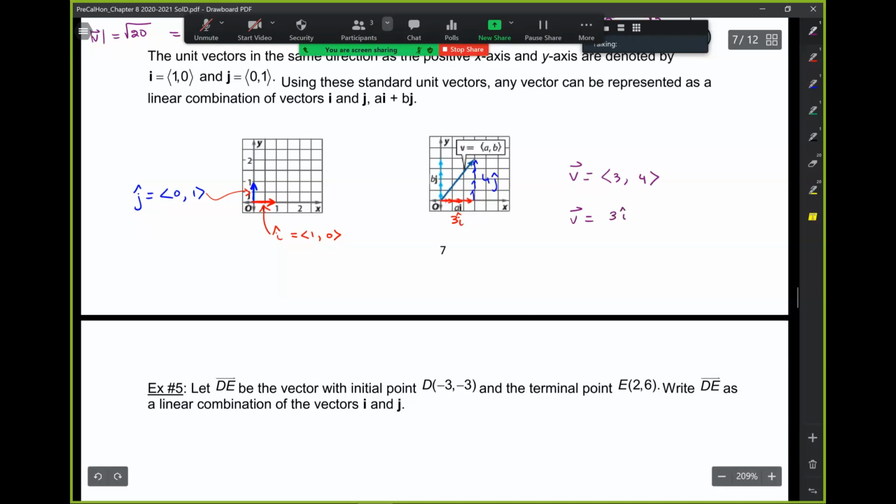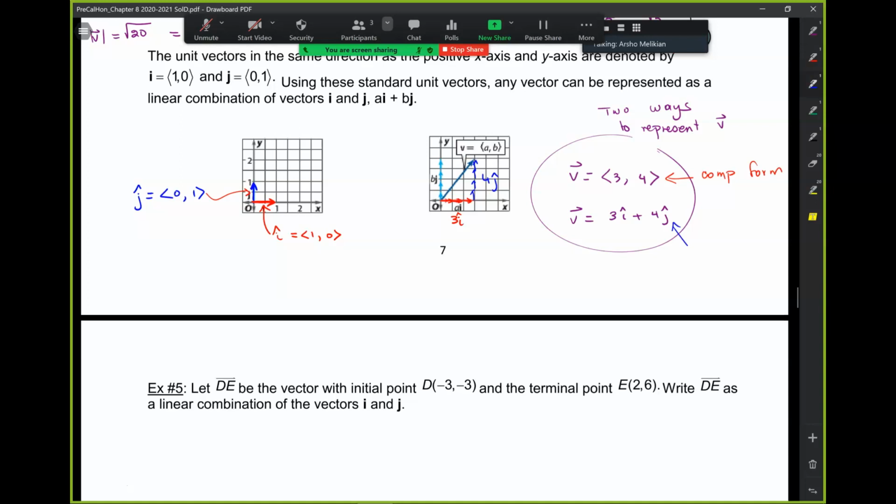It's 3 i hat plus 4 j hat. So there are 2 ways to represent v. This is called component form. And this one is a mouthful. It's a linear combination of i and j.